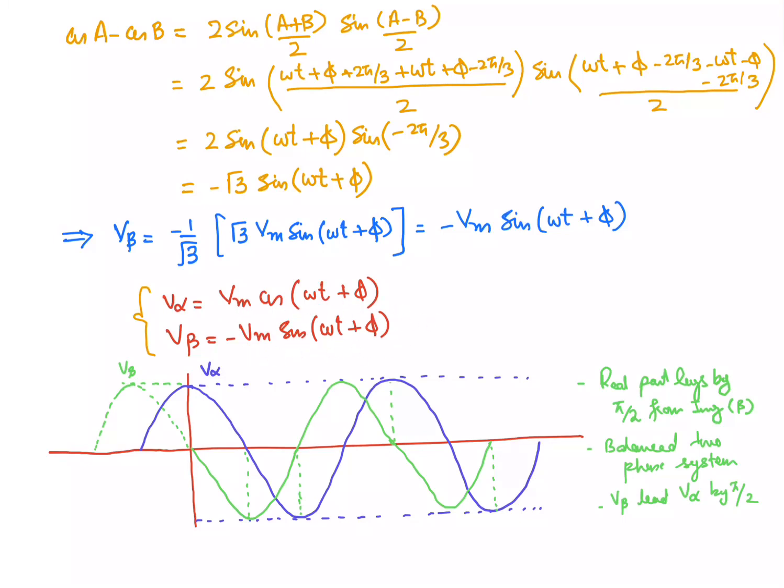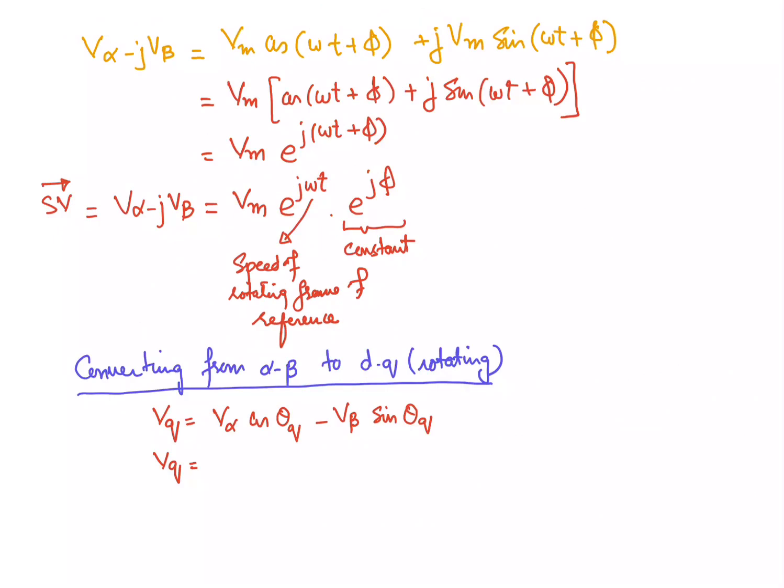So now using these, I can write that this is Vm into cos of omega t plus phi, that is the expression for V alpha, into cos of theta q, minus now the expression for V beta.